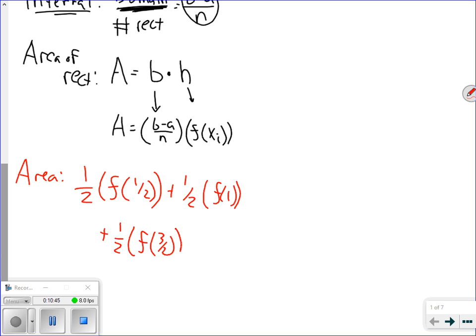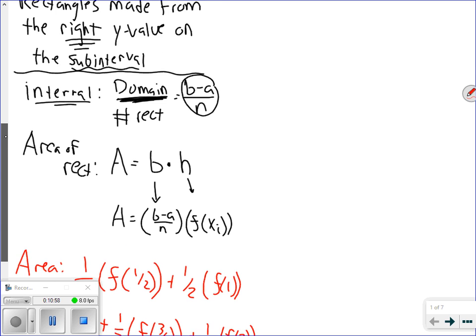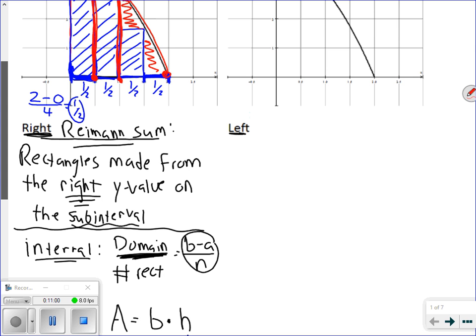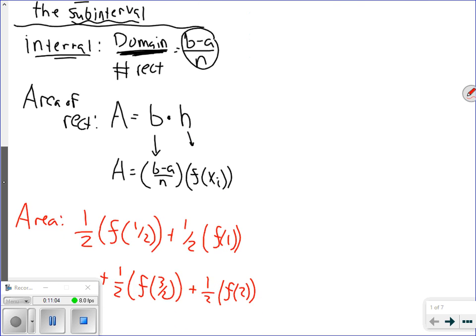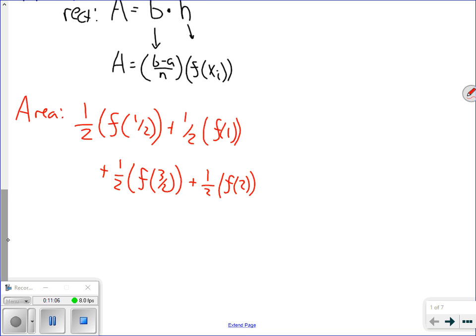That's the y value there. And then lastly, that fourth rectangle, which isn't even a rectangle at all because it has no dimensions, is 1/2 of f of 2, which is the y value right here. So we're going to figure out those four areas and add it up and see what we got.